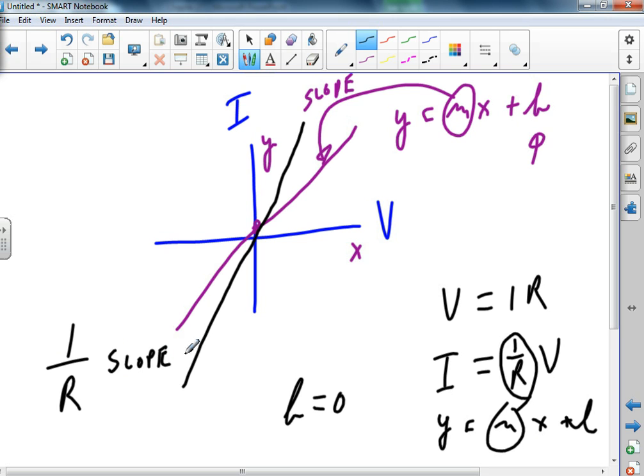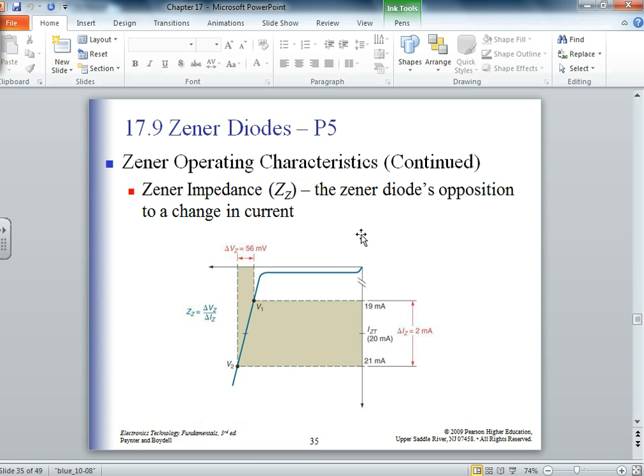Which is also the conductance, if anybody wanted to know that, but no one does, I know. So if I have a characteristic curve that's voltage and current, now I can just look at the change in the voltage and the change in the current, and I can come up with the impedance.